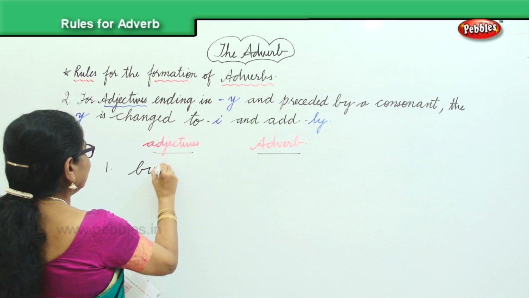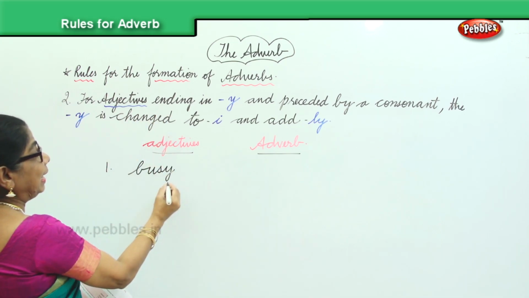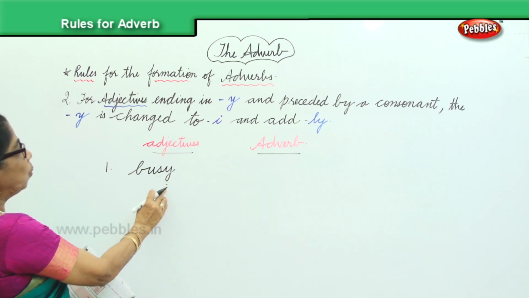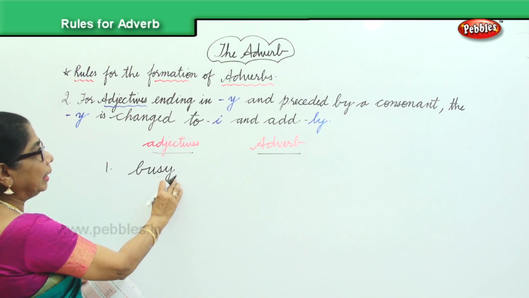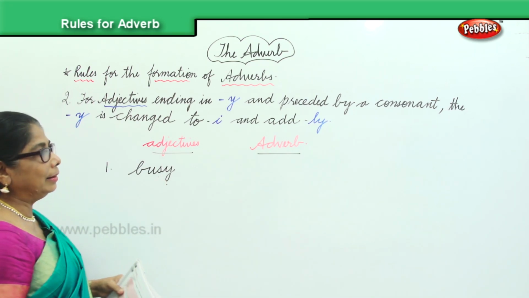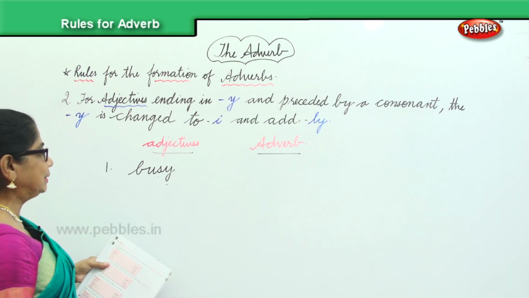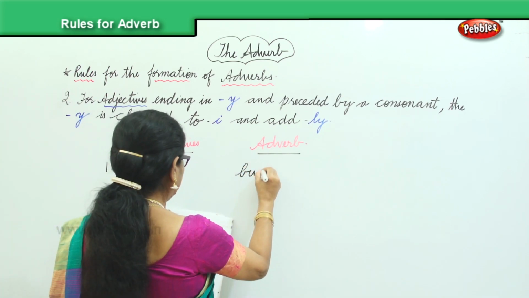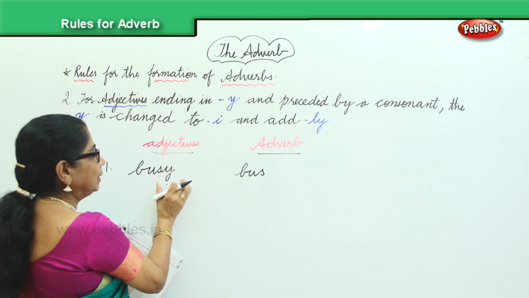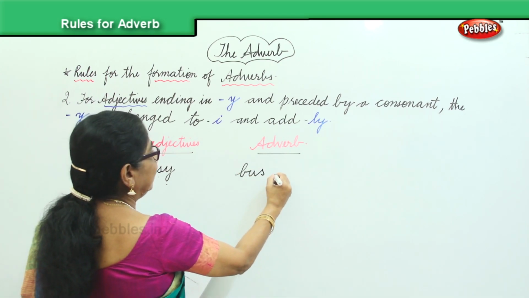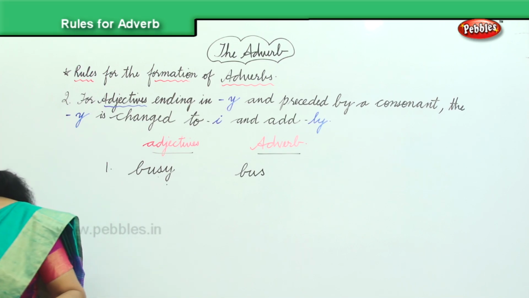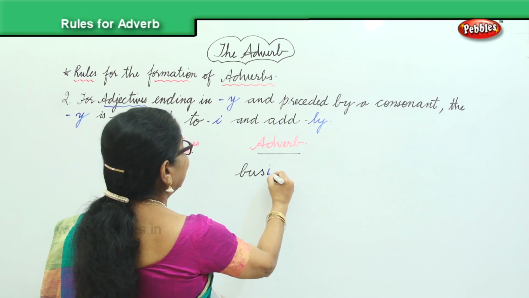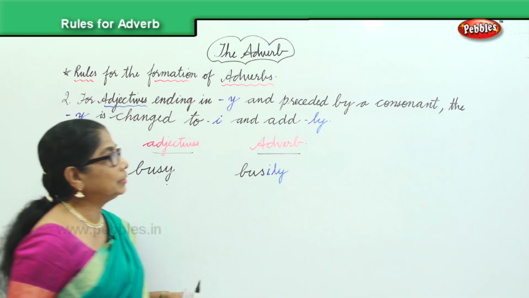Here, the adjective ends in y preceded by a consonant s, then the y is changed into i and ly is added. So you have busy, busily. What happens? Busy, the y is taken away and you put i and ly. Busy and ly, busily. You see?